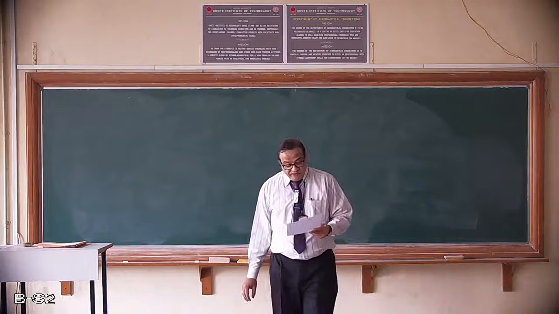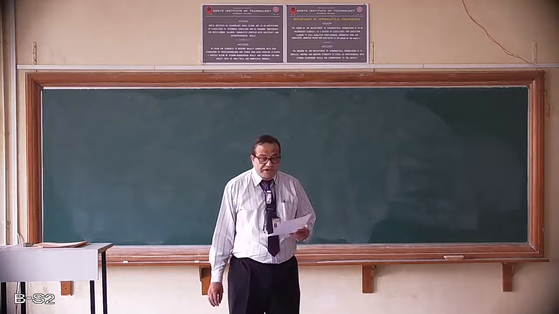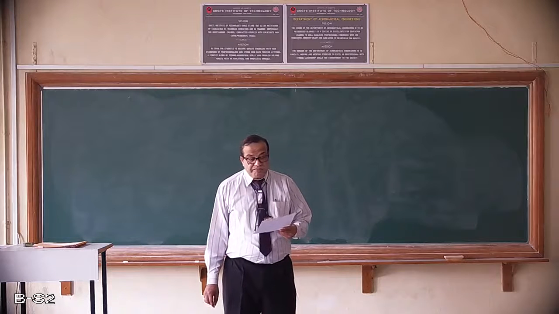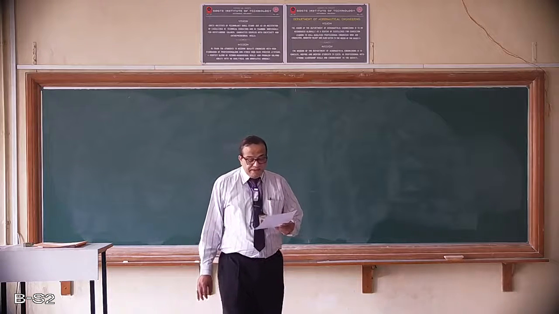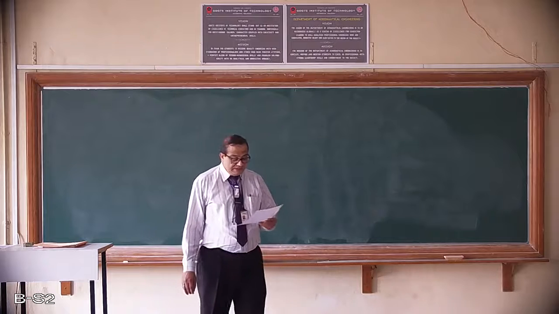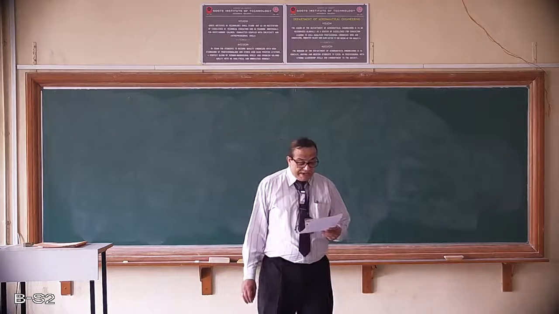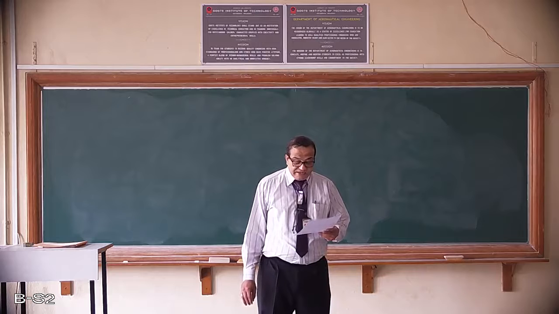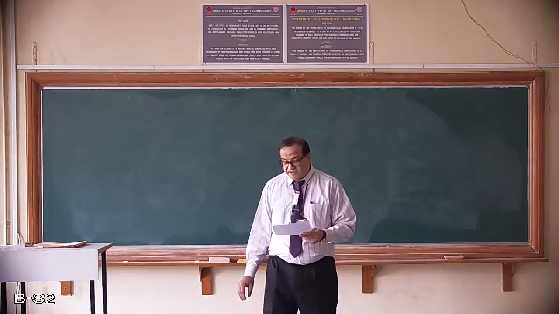Assuming the index of compression and expansion to be 1.3, find the volumetric efficiency of the compressor, the power required if the mechanical efficiency is 85%, and third, the speed of the compressor.